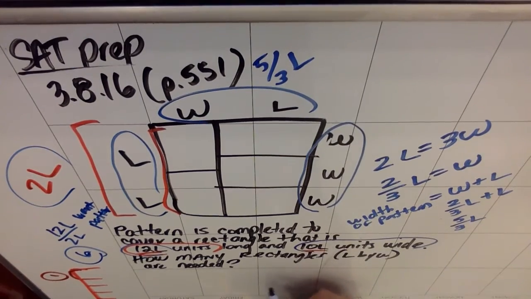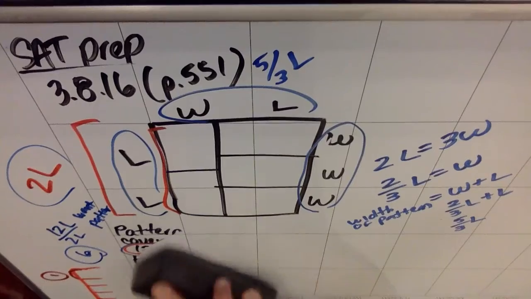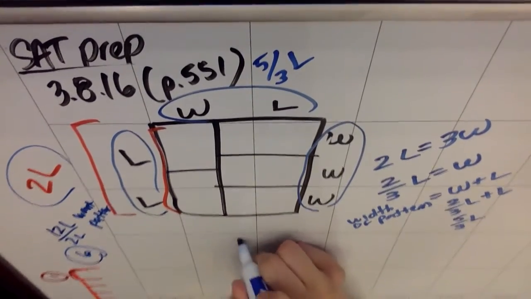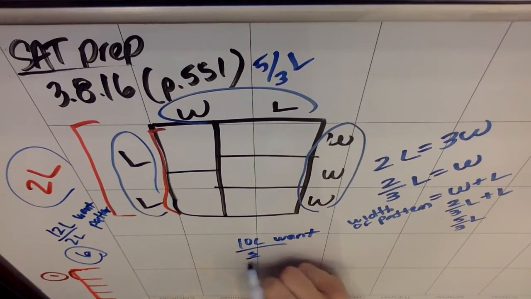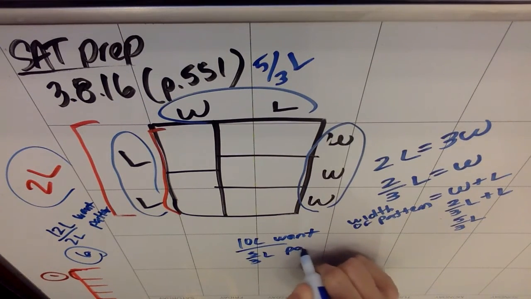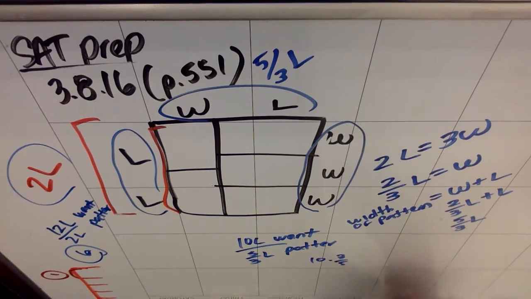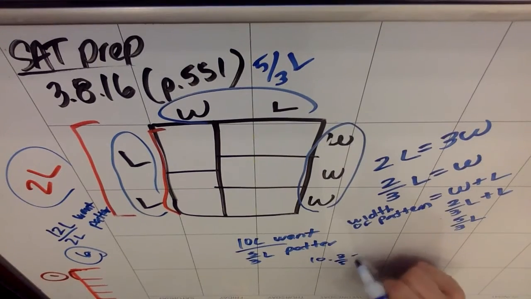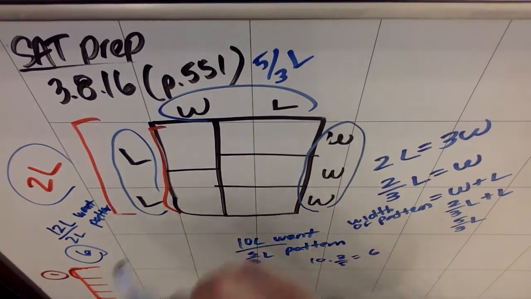I can take the 10L that I want and divide it by the 5/3 L that is in the pattern. And if I clean this up, I get 10 times 3/5, because when we divide by 5/3, we multiply by 3/5, and I end up getting 6. So it turns out that I also need 6 going in this direction.